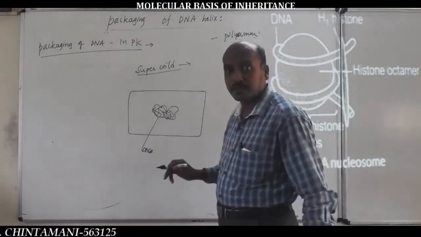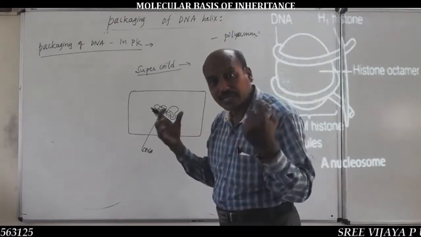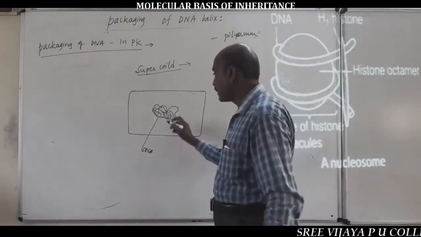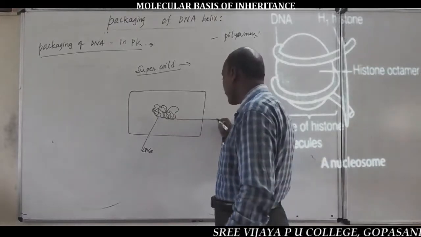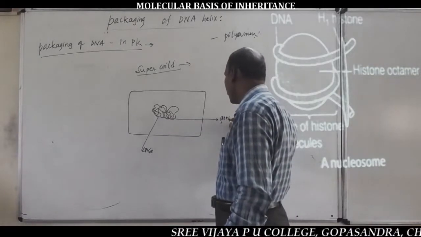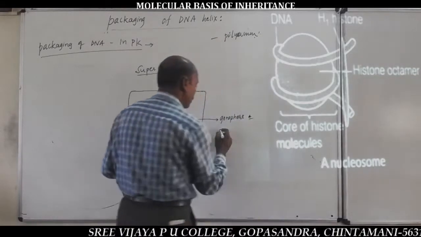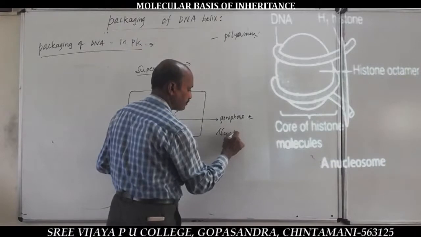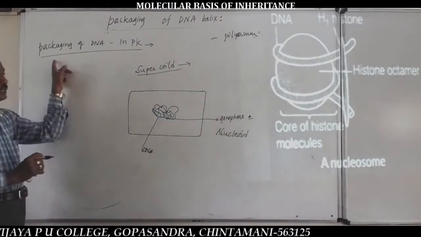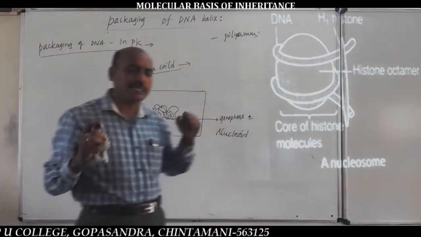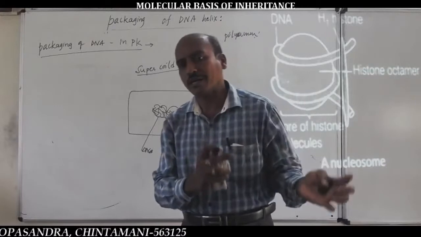See, such a super coiled structure of the DNA present in the cytoplasm is called genophore, or nucleoid. Listen here. So in prokaryotes, packaging of the DNA helix is very simple as compared to eukaryotic cells.